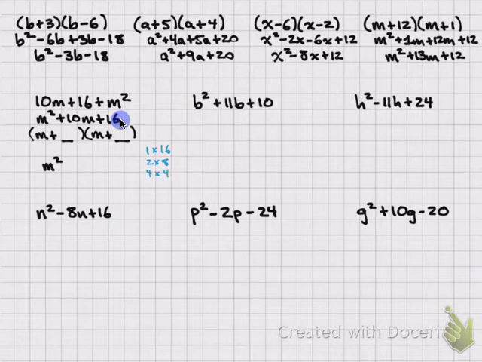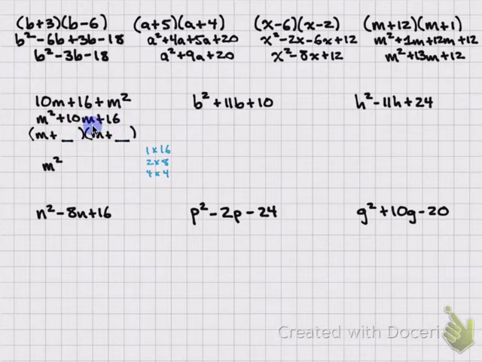Now note that these numbers can be both positive or negative. So it could be negative 1 times negative 16, negative 2 times negative 8, negative 4 times negative 4. So it's always good to keep that in mind, that you could have both positive or negative factors. Well, we need these two numbers to multiply to 16, but if we think about the middle two steps of when we multiply this out, we're going to have m times this number and another m times this number.